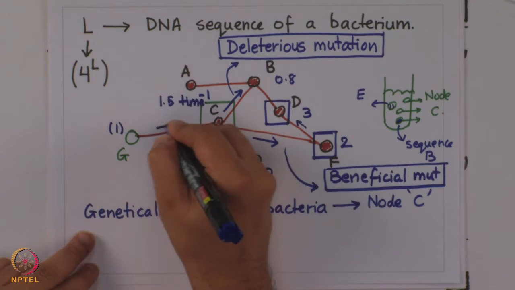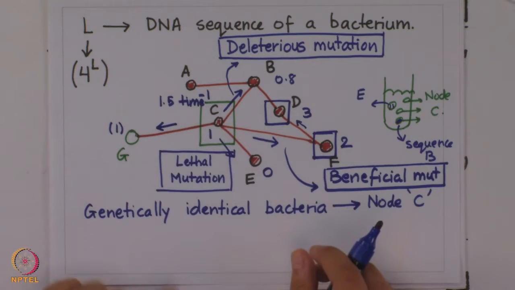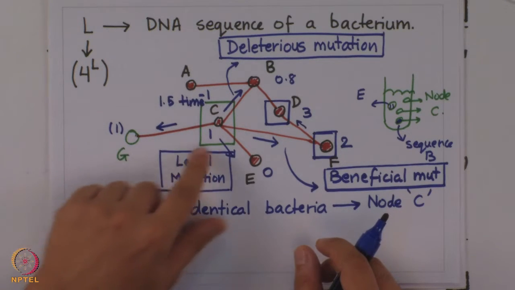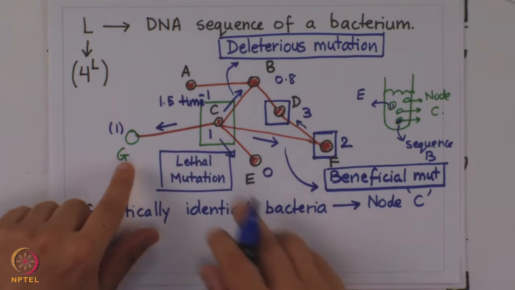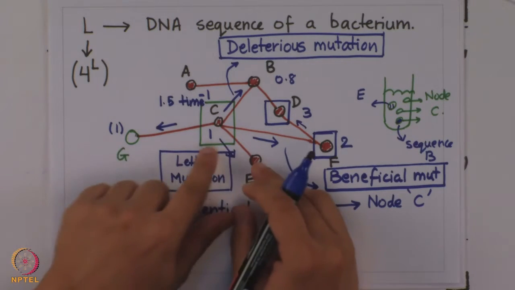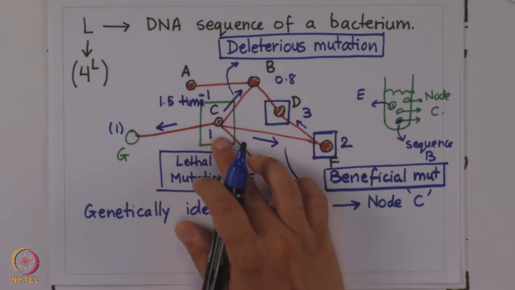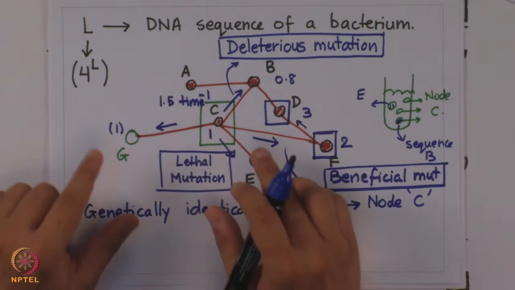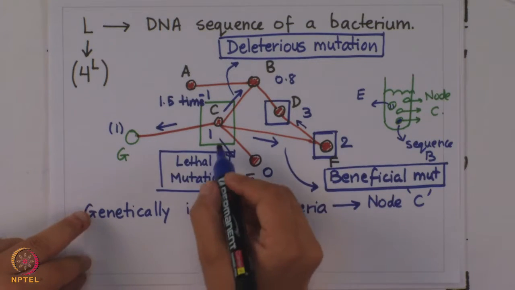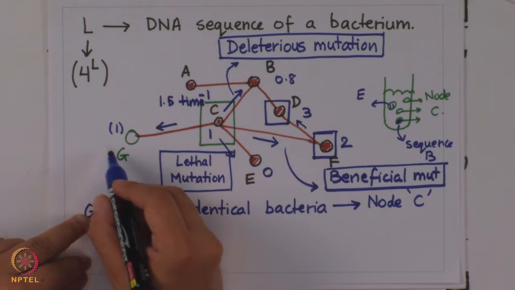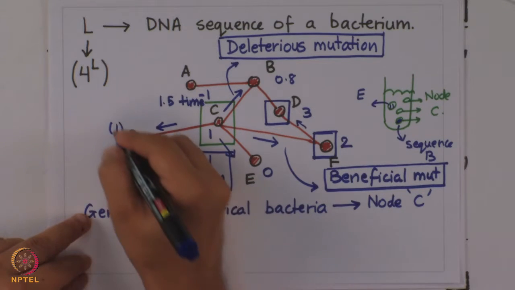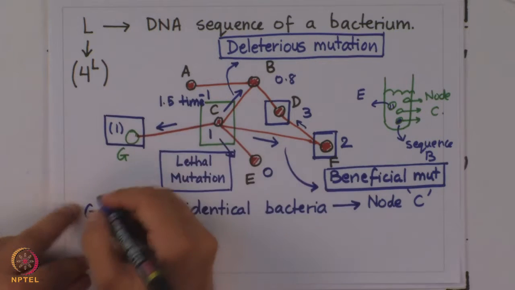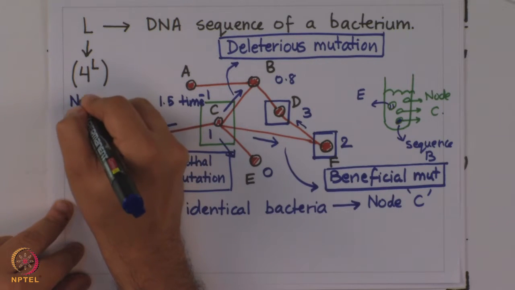So should this mutation happen, you have an individual in the population which is also growing at the same rate as the parent genotype, but genotypically this mutant is distinct from the parent genotype it came from. So these are genotypically non-identical but phenotypically identical, and when a mutation does not lead to a change in the fitness associated with the growth of the organism, this type of mutation is said to be a neutral mutation.